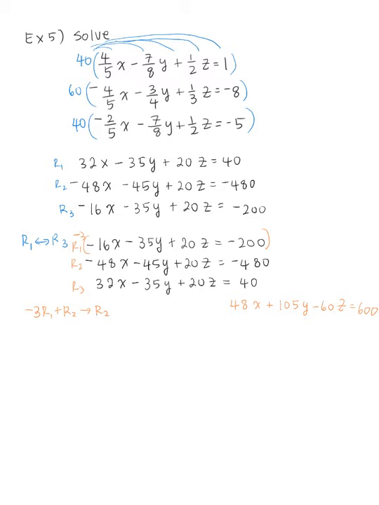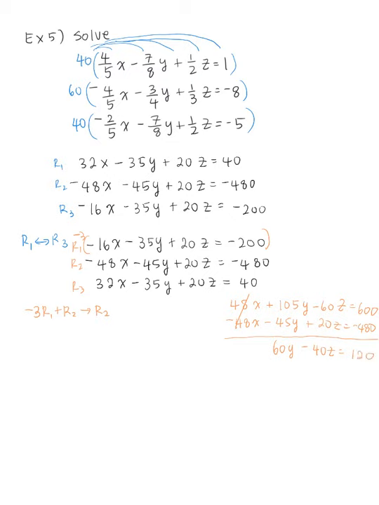Okay, and then negative 48x minus 45y plus 20z equals negative 480. And we're going to add that together. Oh, goodness gracious, this is going to cancel out. And then we're still going to have 60y minus 40z equals 120.